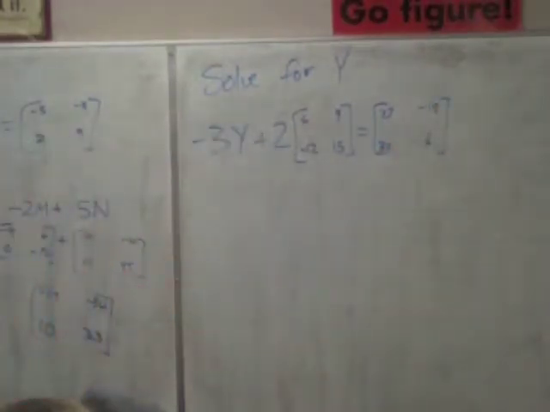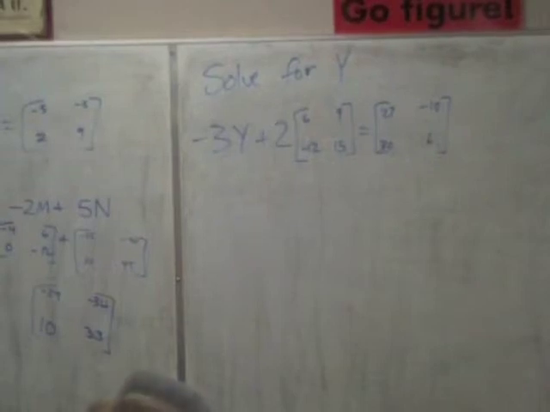And this really isn't too scary either. You know why? Because it's simple algebra, but now we're using a matrix. Who can tell me the first thing that we should do?